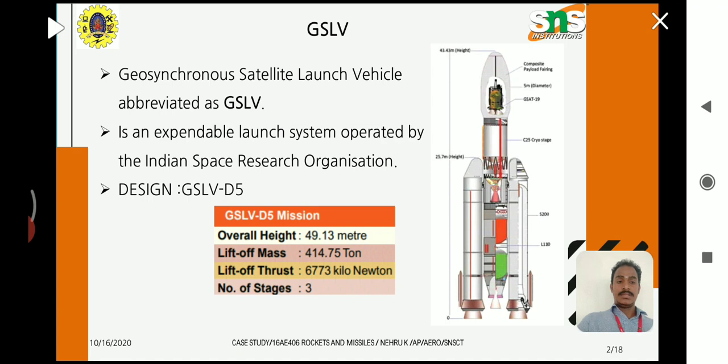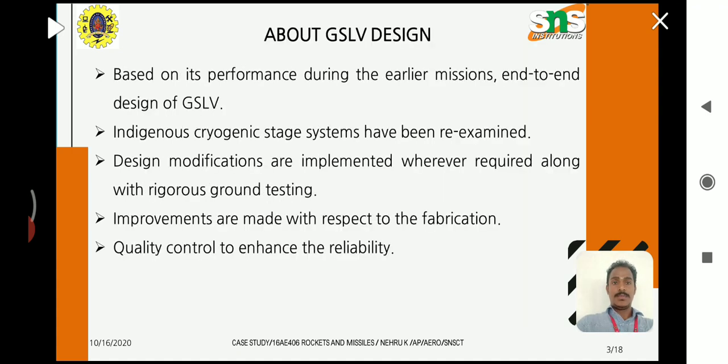This GSLV contains 3 stages. In this diagram you can see stage 1, stage 2, stage 3, and we have the boosters and the payload section. The GSLV design is based on its performance during the earlier missions and end-to-end design made by the GSLV.